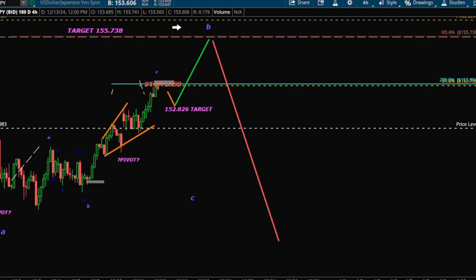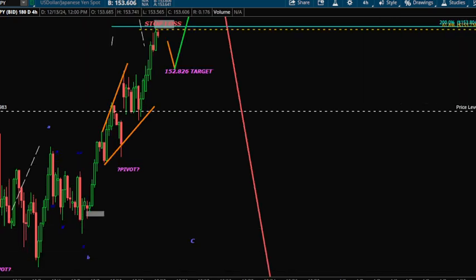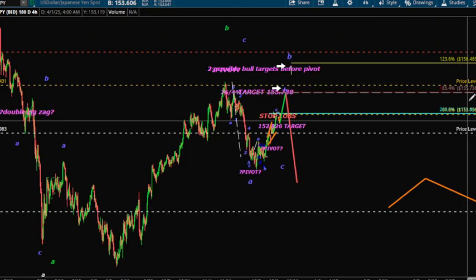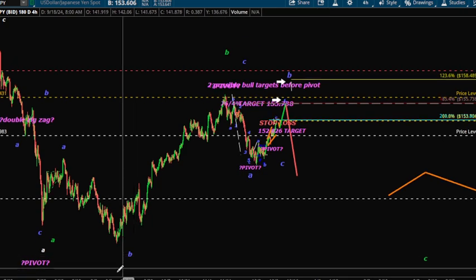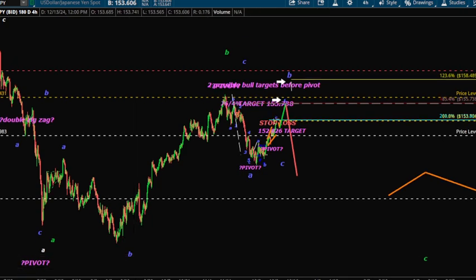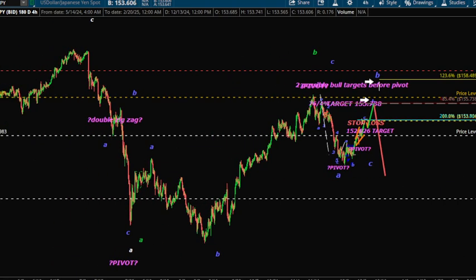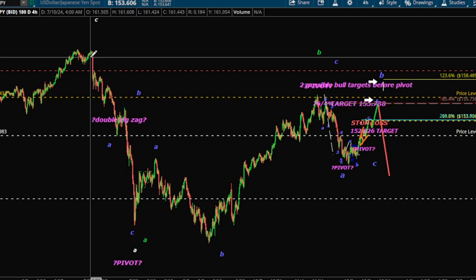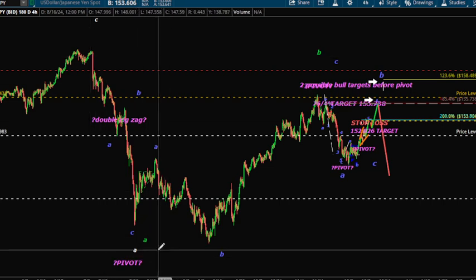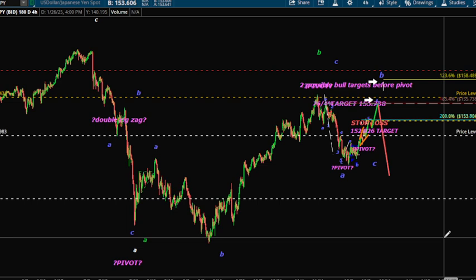Let me zoom out. So just to recap, in the Minuette degree, in the green, we have an A, a B, looking for a C down.